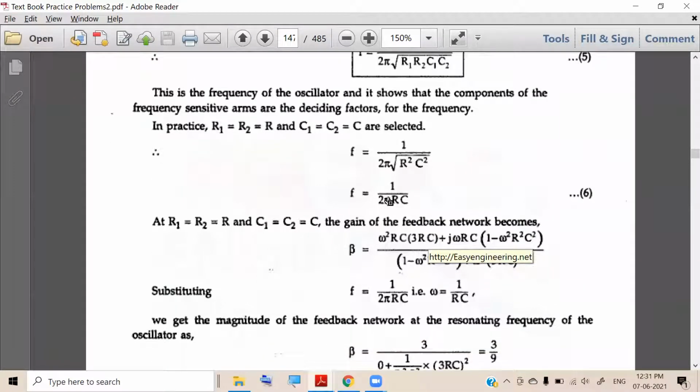So multiplying this 2 pi here, we will have omega is equal to, 2 pi f is omega, isn't it? So we will have omega is equal to 1 by RC. That is the reason we have omega is equal to 1 by RC.